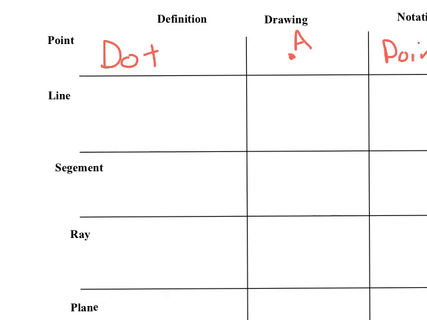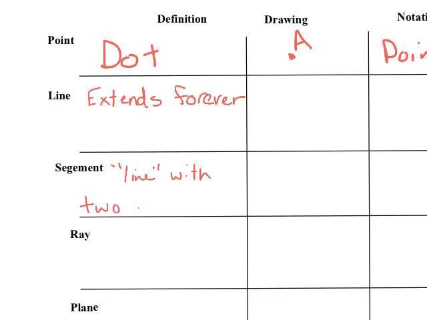So a line extends forever, and a segment is just a line with 2 endpoints.